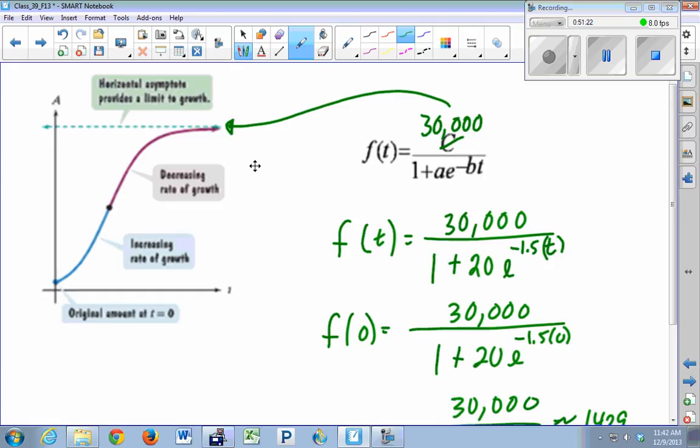So if I had a nice cup of hot tea and I put it right here on the desk, I could look at its temperature over time, and it would eventually reduce. The horizontal asymptote would be the room temperature, right? It would eventually get very, very close to the room temperature. Anyway, have fun with those problems.